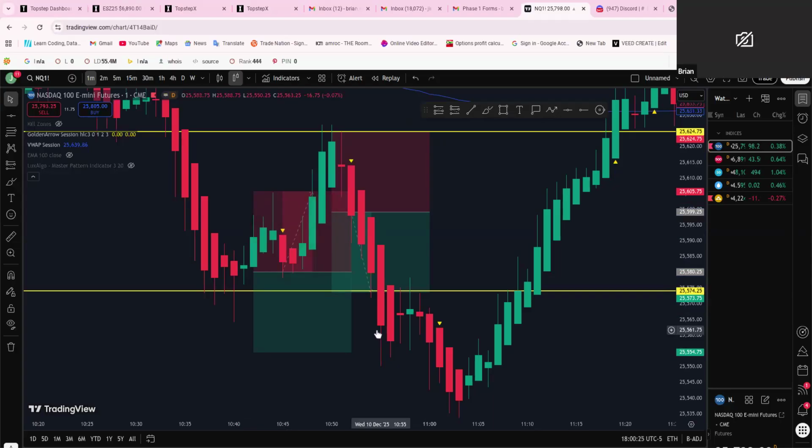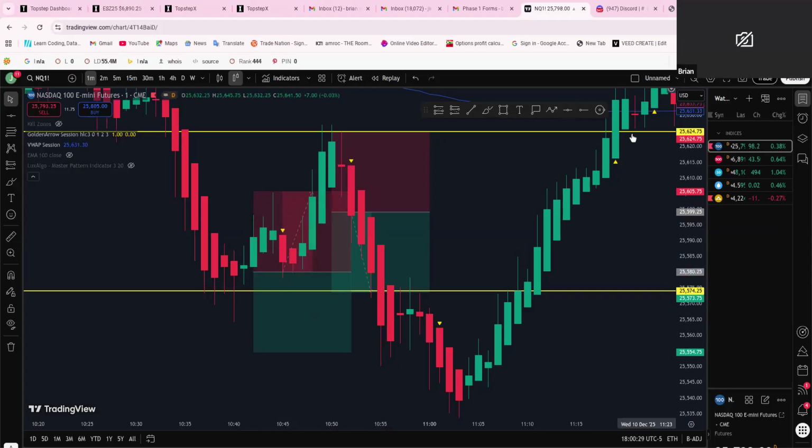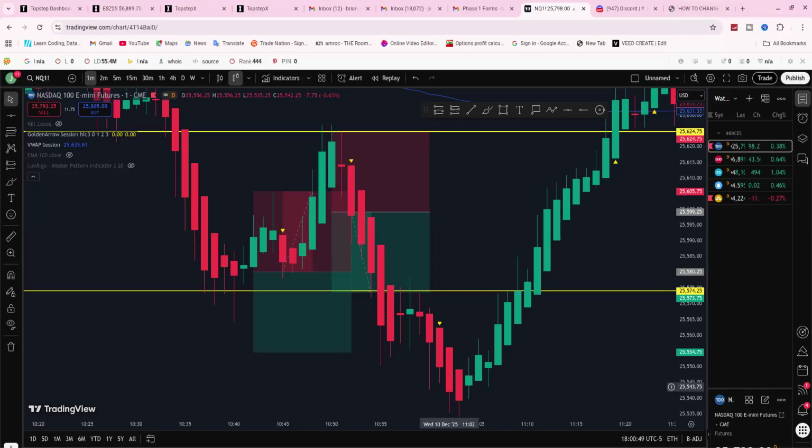I thought it was going to give me something, but I kind of gambled because I didn't really pay attention to that bottom wick. The trade went against me and stopped me out right here. It gave me a re-entry over here, and I hit all the way down here. So what I lost, I got back and then some.